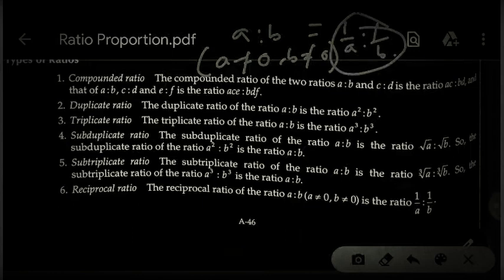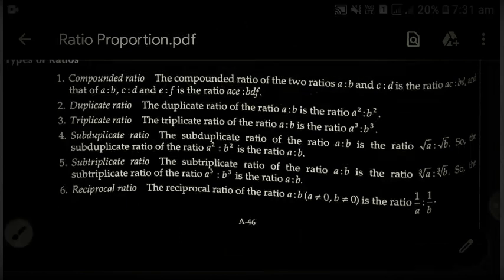This is the reciprocal ratio of this. You have to consider this condition, a not equal to 0, b not equal to 0, because you are dividing 1 by a and 1 by b. Whenever you divide, you know the divisor is always not equal to 0, so that kind of thing they are talking about.